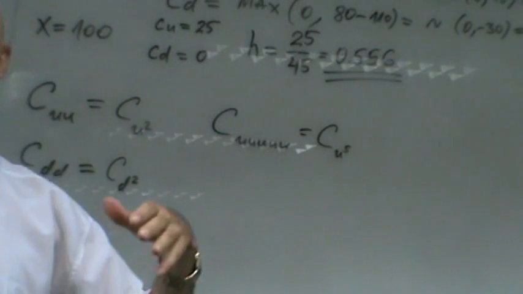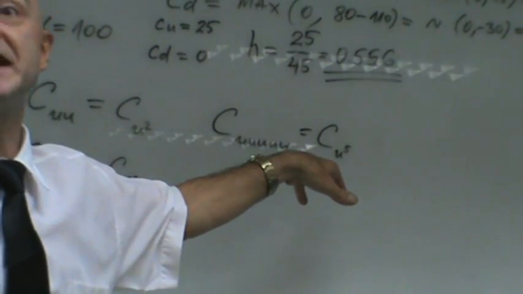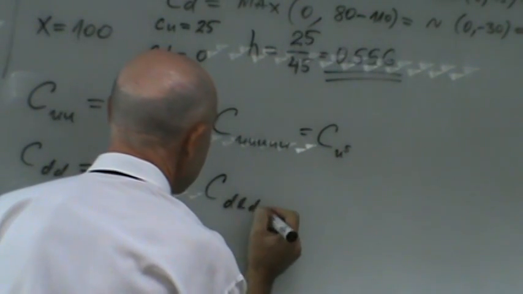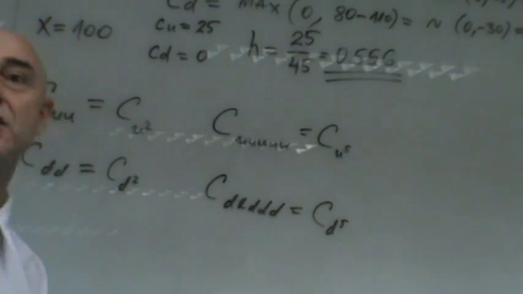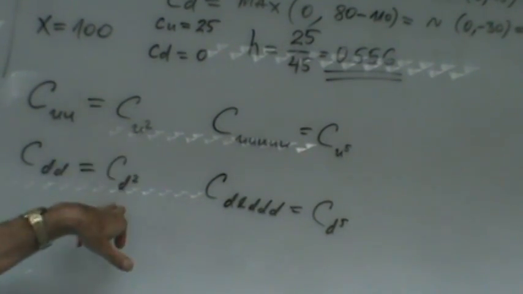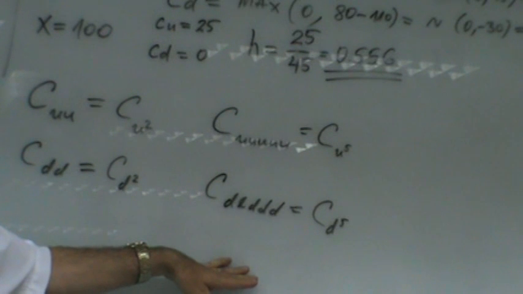Okay? So, for more periods, it makes more sense. Similarly, CDDDDD equals CD5. Okay? So, for this, it's just a little more convenient when you get more periods. Okay? Is this part fairly clear to everybody?